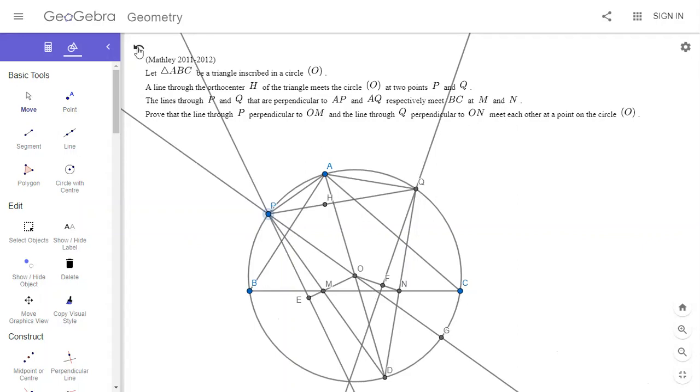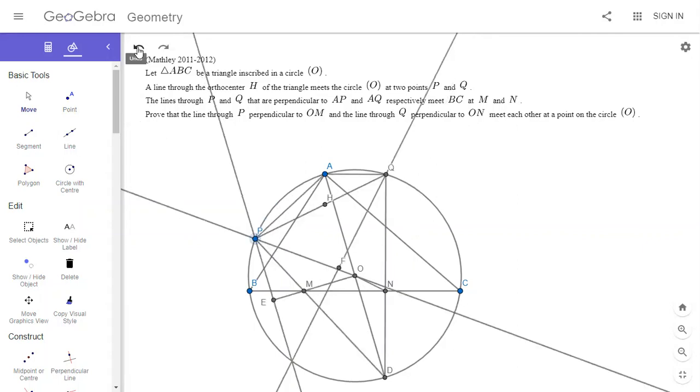Yeah, we haven't used, how do we use that it passes through H? So we want to use that fact. So AH and AO are isogonal, right?